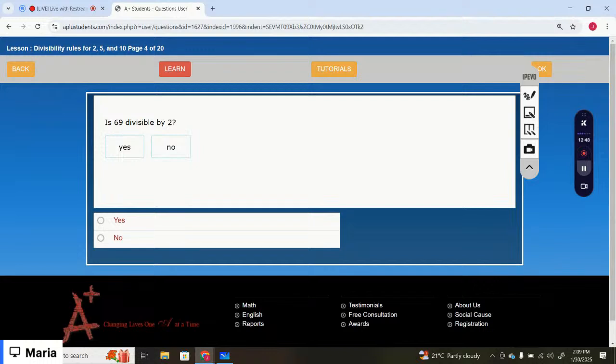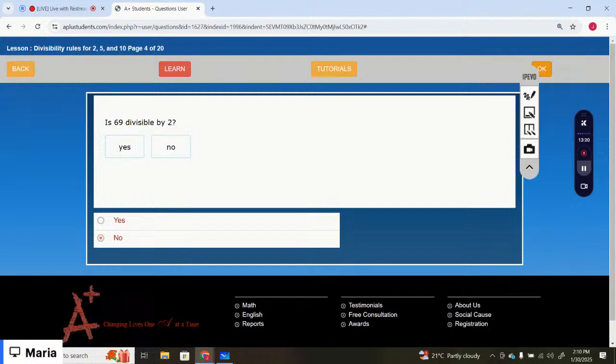Is 69 divisible by 2? The correct option is no, 69 is not divisible by 2.